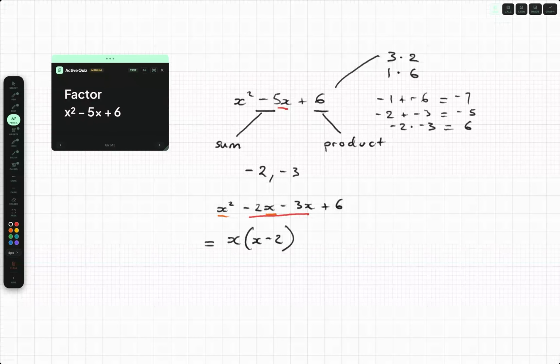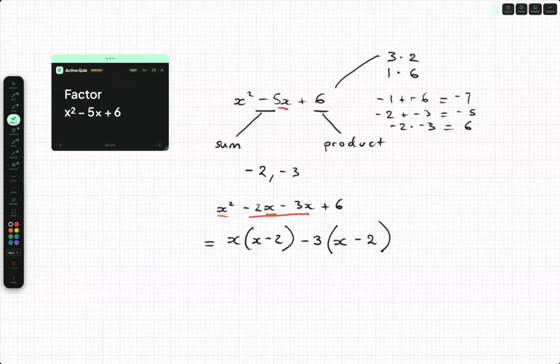So the common factor between these two is 3, and you can factor out a +3, or you can factor out the -3 and you will get the same result. So if I factor out -3, okay, -3x divided by -3 is just x. But 6 divided by -3 is -2.